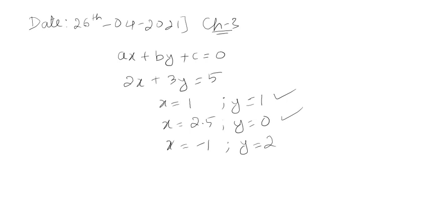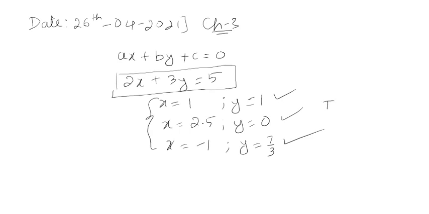If you take something else, it will be 7/3. Yes, 7/3, because if you replace it, 3 and 3 will cancel, 7 will be left here, minus 2, and that will be 5. So this is also a solution. So if you have a single linear equation in two variables, how many solutions do you have? We have infinitely many solutions.